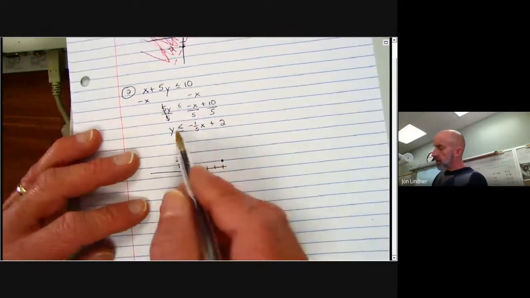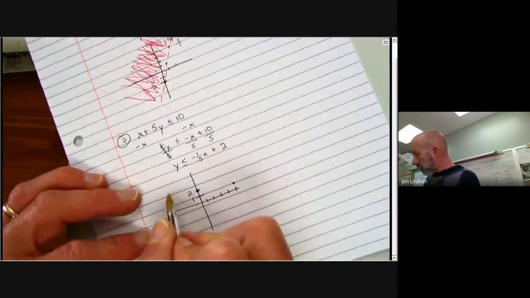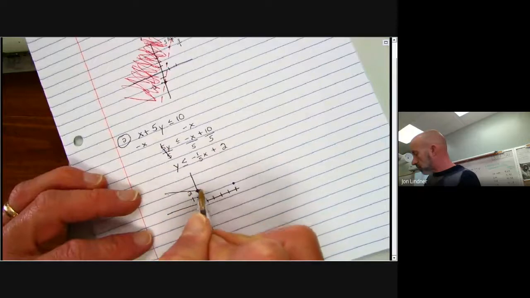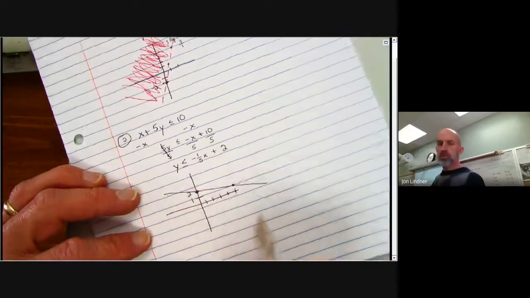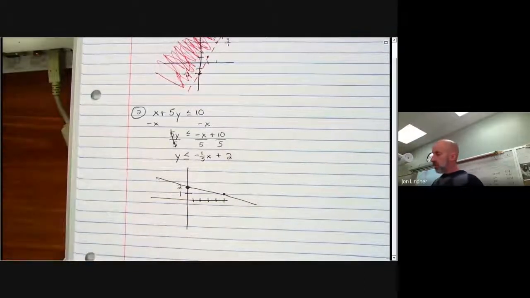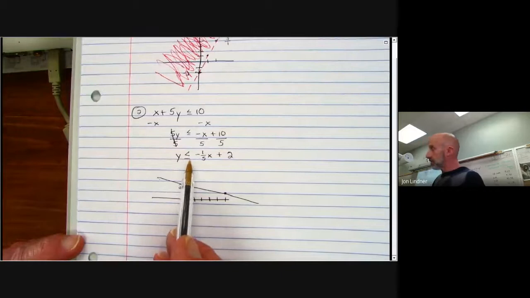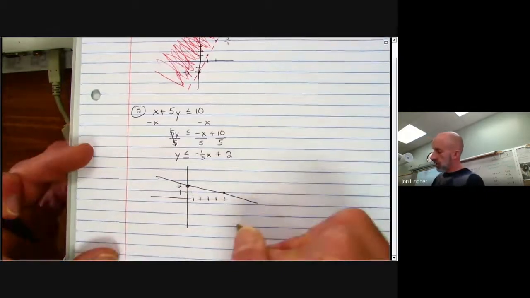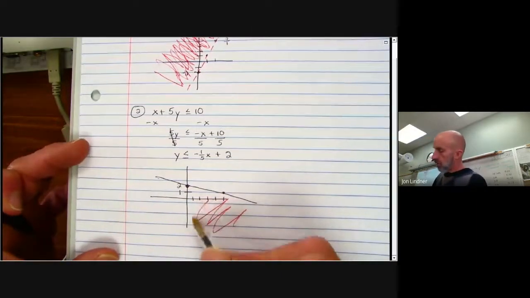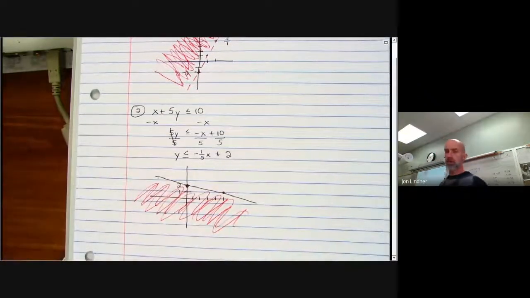And because it is less than or equal to, I can make a solid line this time. And because it is less than, I'm going to shade below the line, all of this area down here. That is representing all the solutions to the inequality.